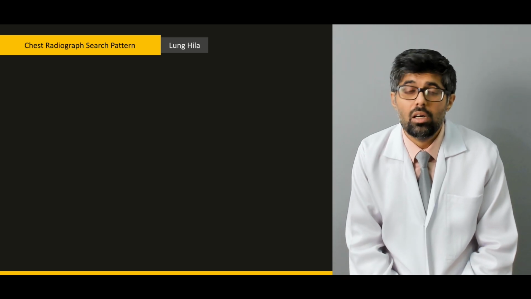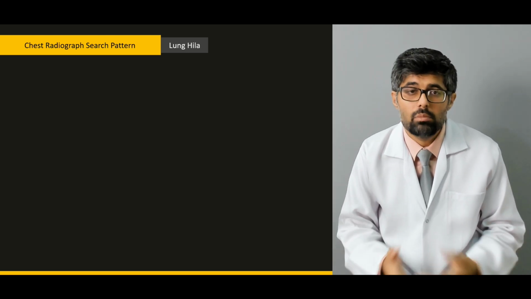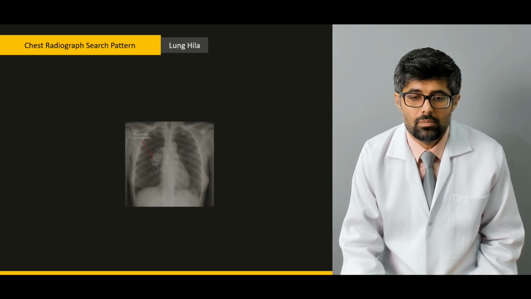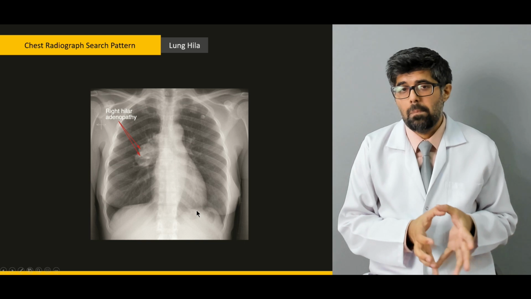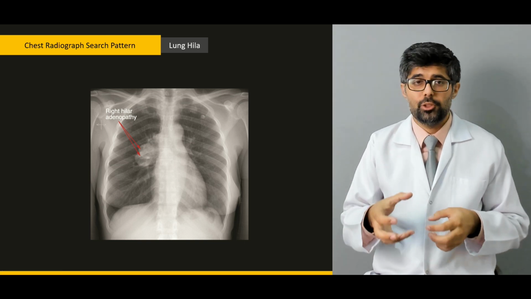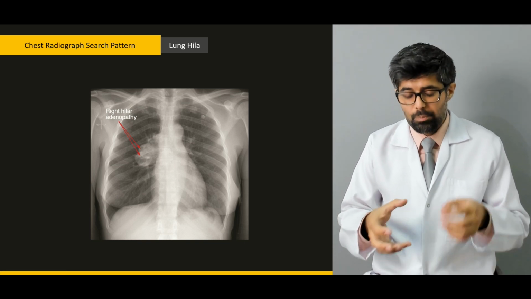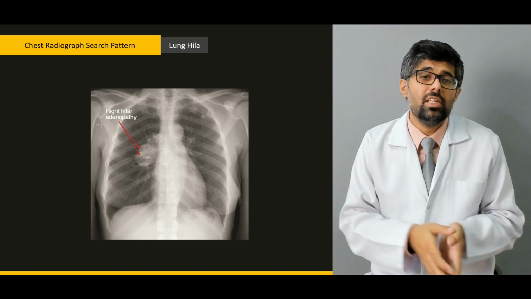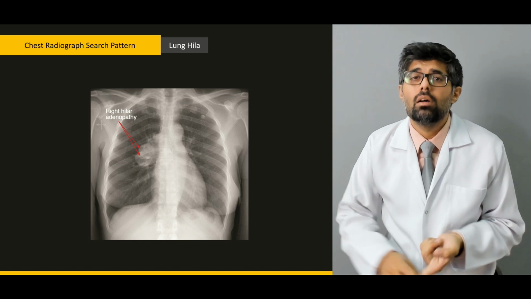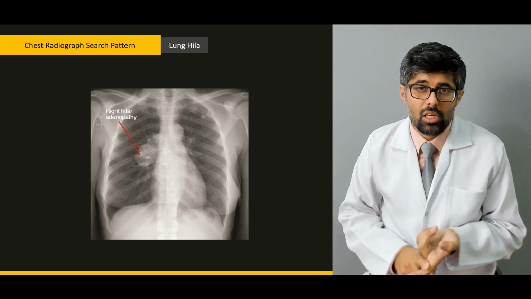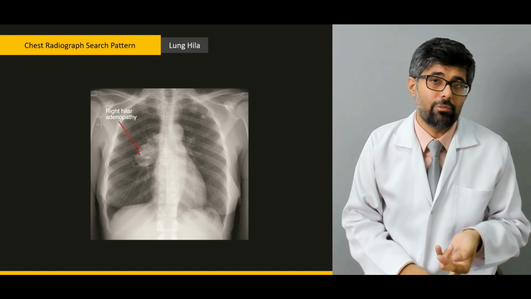Next we have the lung hila, or hilum for singular. What are hila? Hila are complex structures which provide both the entrance and the exit for the pulmonary artery, pulmonary vein, and the respective bronchus, with the accumulation of lymph nodes.